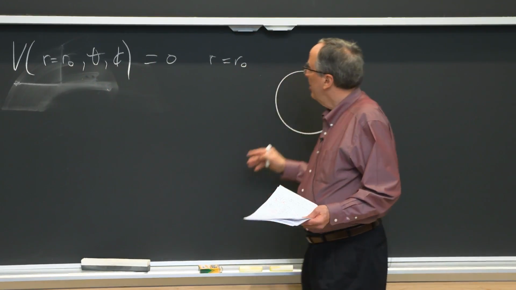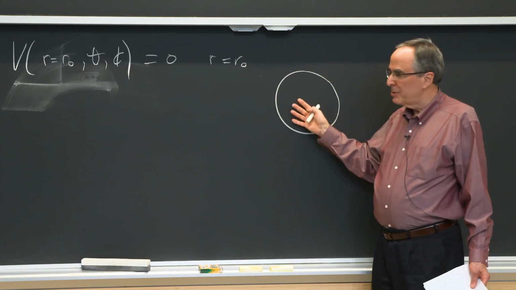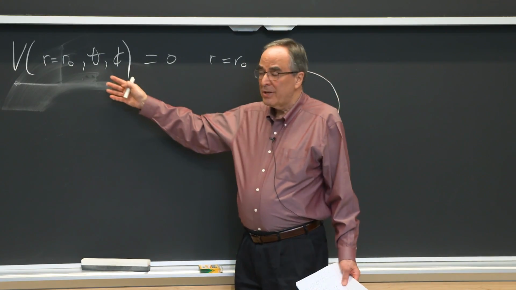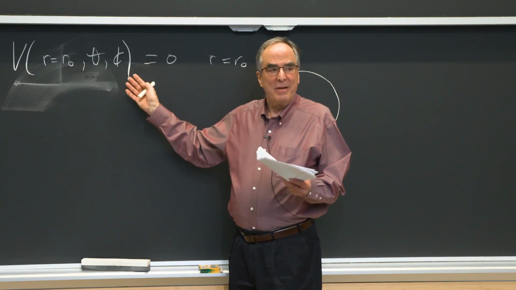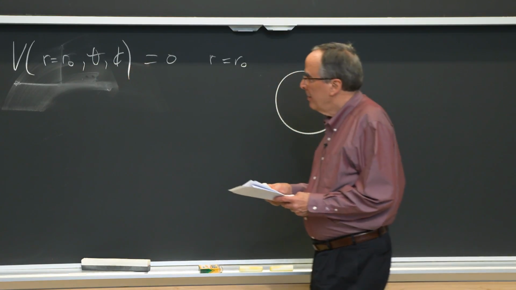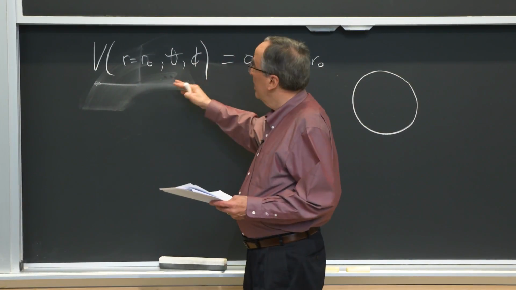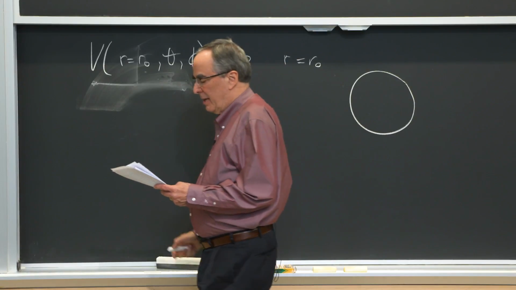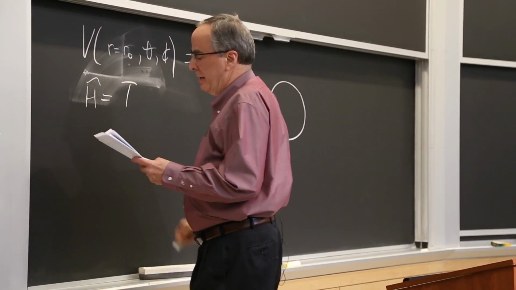The difference is that the energies for this go as the quantum number squared, and the energies for this go as the quantum number times the quantum number plus 1. It's almost the same.